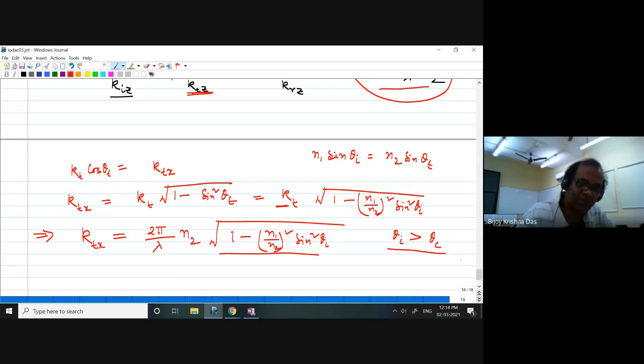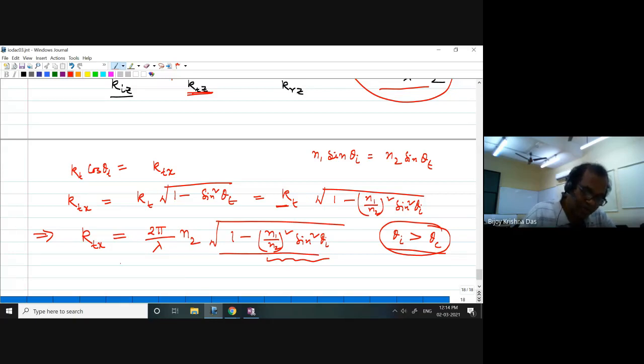Sin theta t, that condition comes. Total internal reflection actually holds. So this thing again, in the same argument as we did for our total internal reflection case, if theta i is greater than theta c, if this fact is accepted, that means the second part is higher than 1. So that means this one is imaginary.